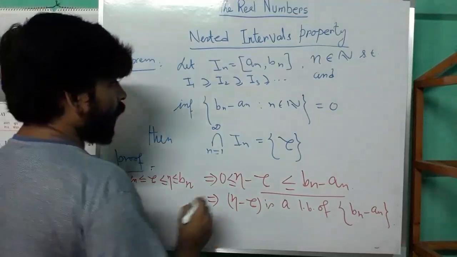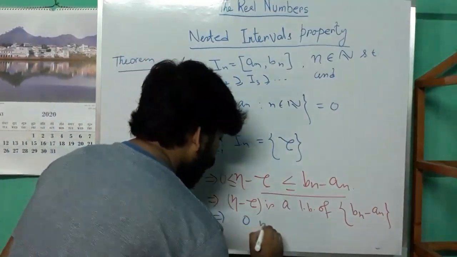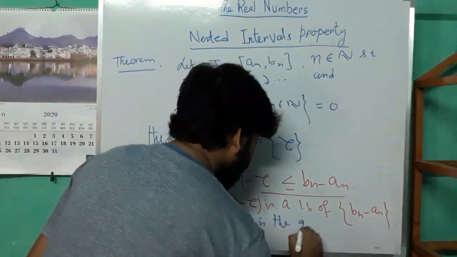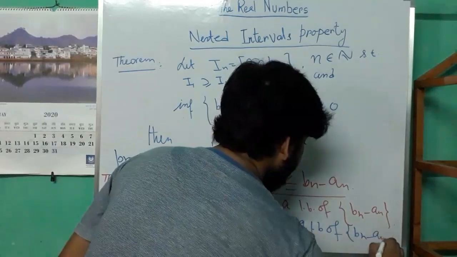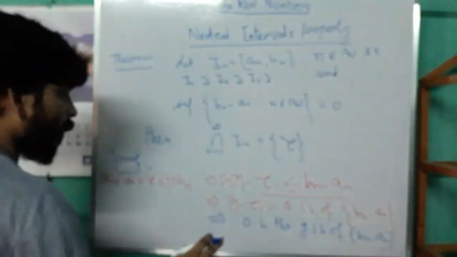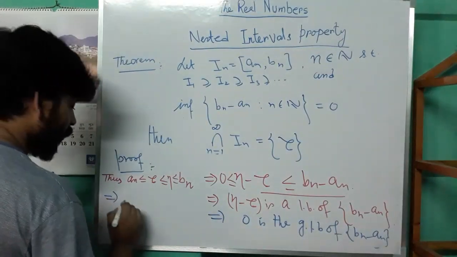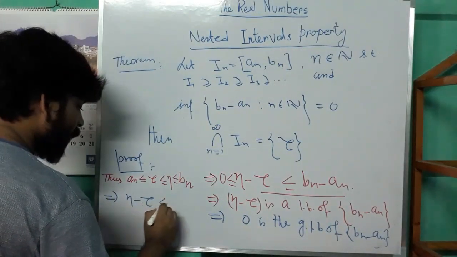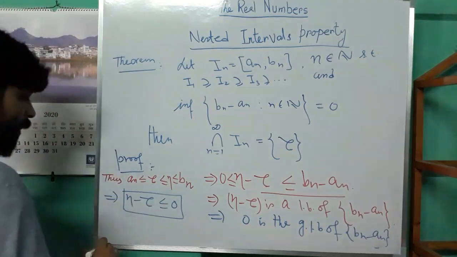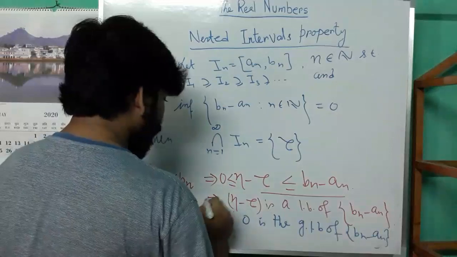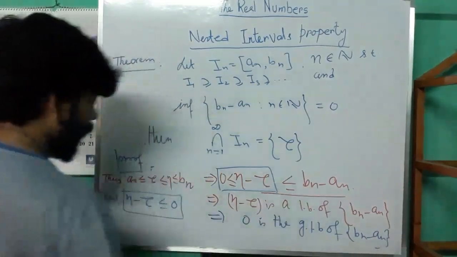But given 0 is the infimum, that is 0 is the greatest lower bound of the set bn minus an. So 0 is the greatest lower bound and eta minus zeta is a lower bound, that is eta minus zeta is less or equal to 0. So eta minus zeta is less or equal to 0 and 0 less or equal to eta minus zeta.